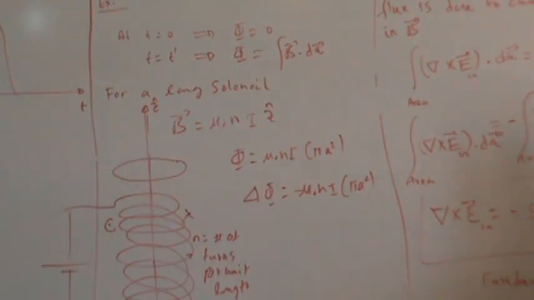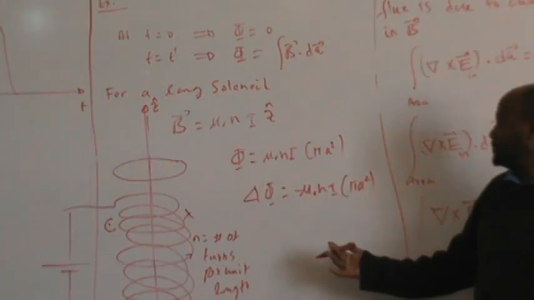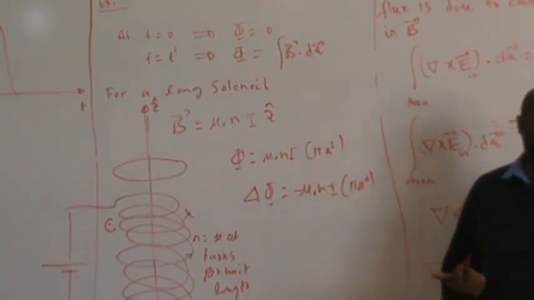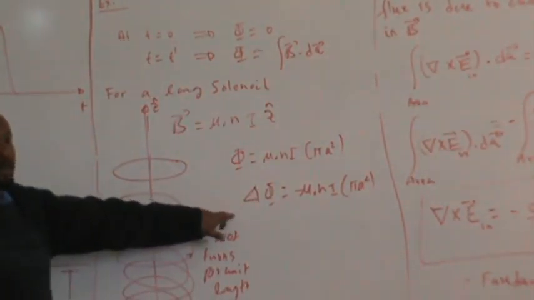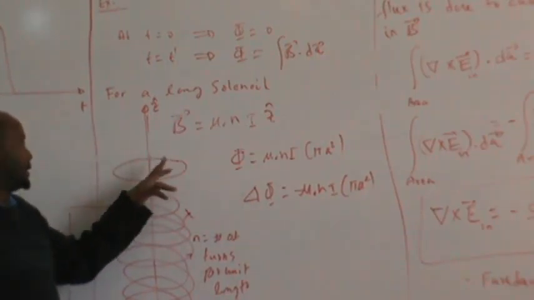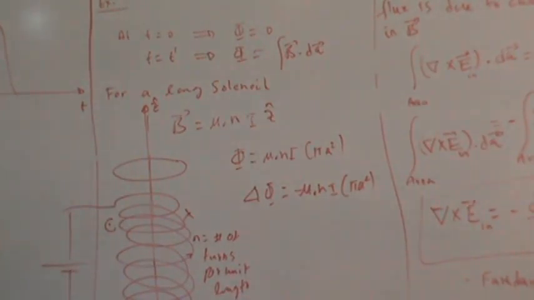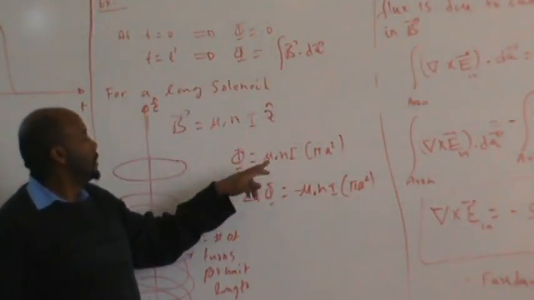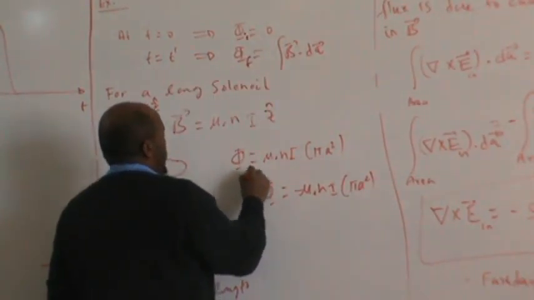All right. Now the flux is increasing. So what should be the direction of the induced current? Whenever there is a change in this flux, there is going to be an induced current. What should be the direction of that induced current? Because the flux is jumping from 0 to this value, so that's the initial and that's the final.